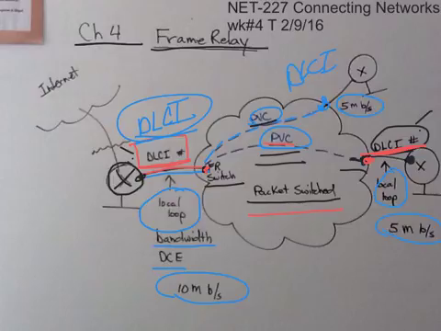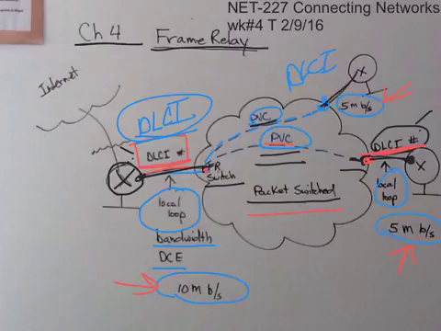And if you're wondering, here we have 5 megs, 5 megs, 10 megs. So that is the local loop. Okay, that is what they're paying for to connect into the cloud.